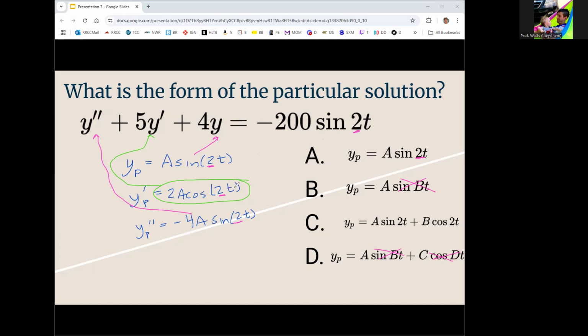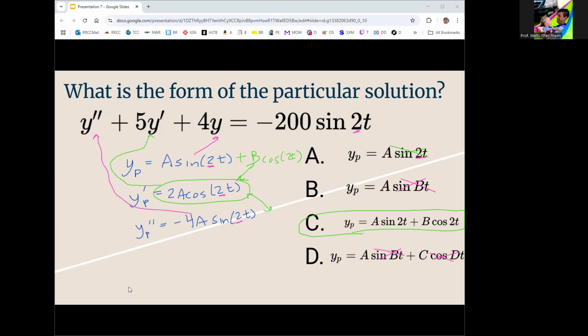If I also had a B cosine 2t, then the choice of B would allow the cosine terms to add up to 0. So we do, in fact, need the cosine term in the particular solution. The correct answer is C: A sine 2t plus B cosine 2t.